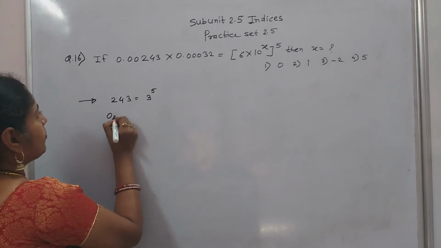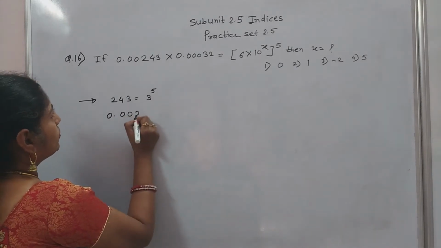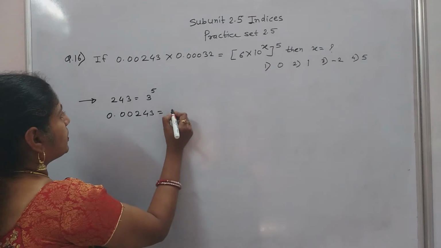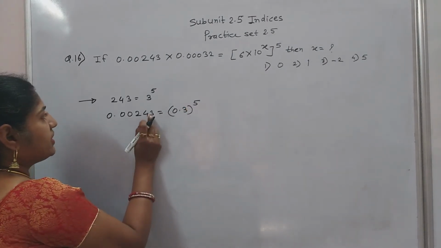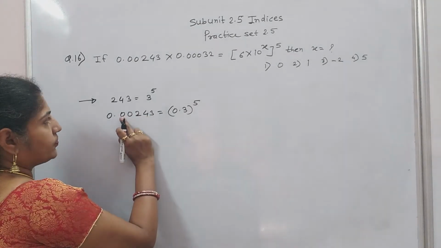Now 0.00243 equal to 0.3 raised to 5, 5 decimal places, 1, 2, 3, 4, 5.